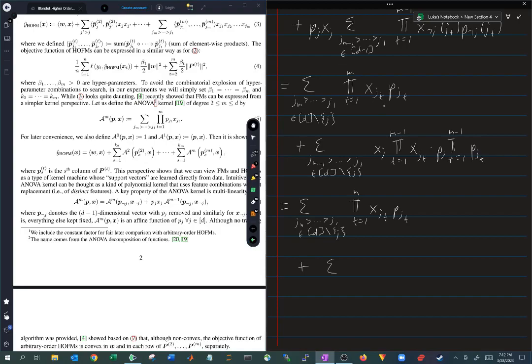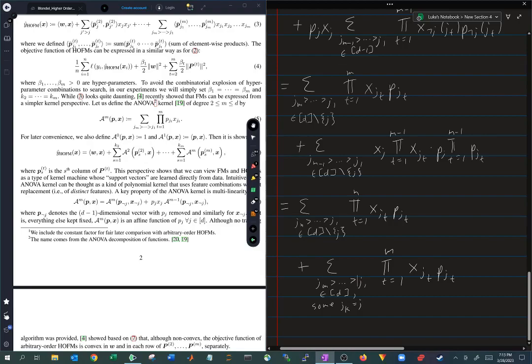Because basically we're just changing this term to this term. So why are they equal? Here we're looking at combinations of m minus 1 integers which are between 1 and d but not equal to j. Then we multiply all the corresponding xjt's and all the corresponding pjt's, but then we also multiply xj and pj. So we could absorb the xj and pj into what we're summing over, so long as we specify it.